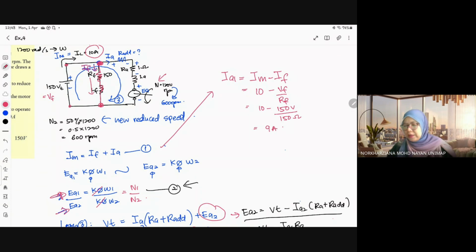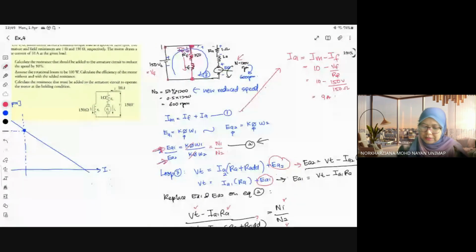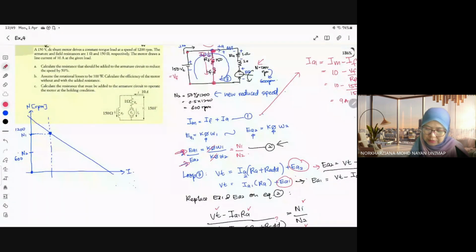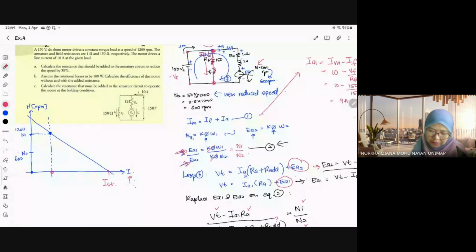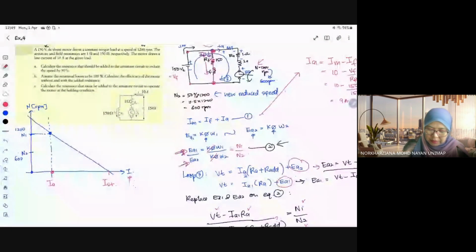Okay. And how about IA2? Okay, let's take a look back on your graph. Okay. Since this one is your current. Okay. Yang ni starting current. This one is your starting current. This one is your operating or rated current. Okay.